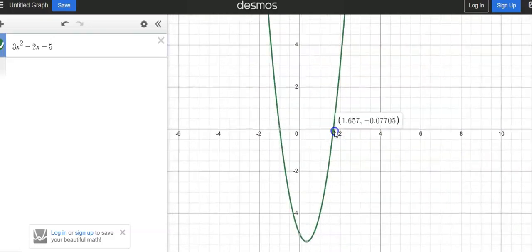We have two values. We have a value here at about 1.666, which in fractions is 5/3, and the other is -1. So our answer choices are -1 and 5/3.